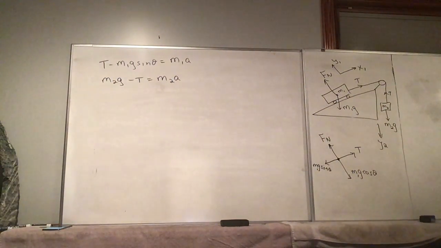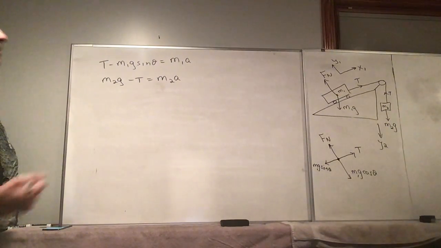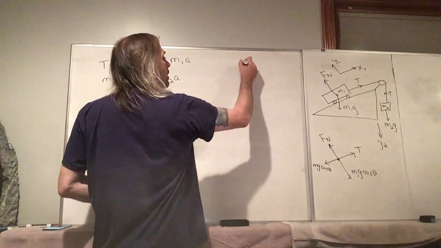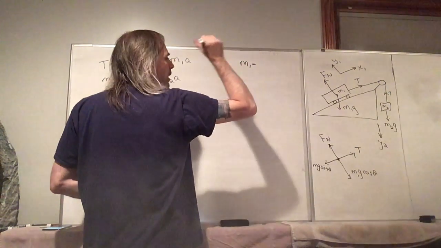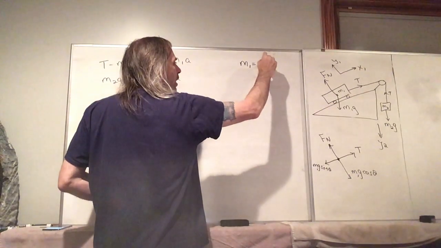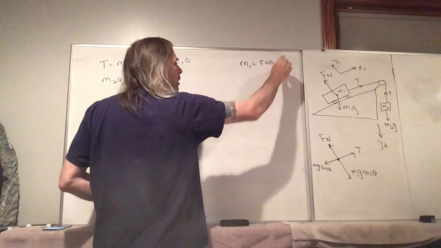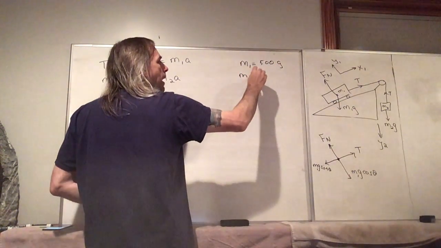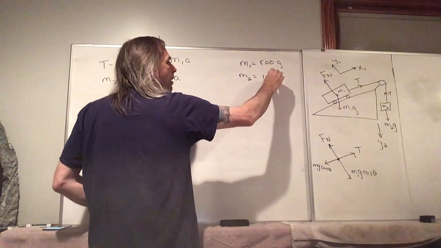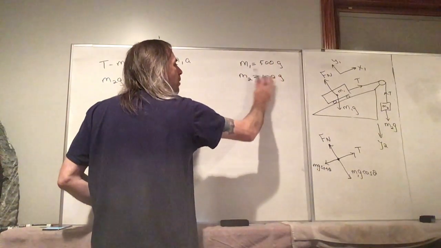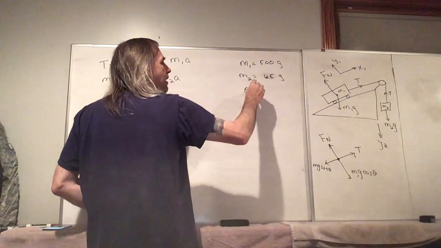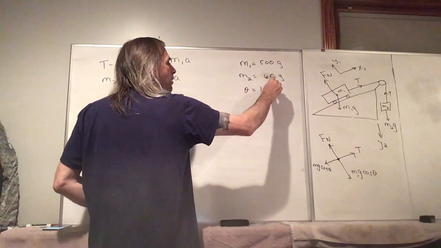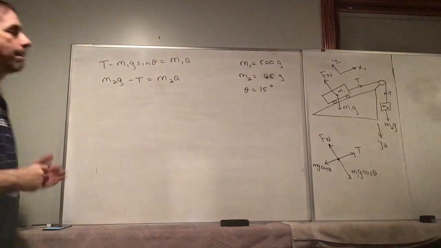But let's continue. Now, this is a system of equations. Let's say we know M1 and M2. So let's say M1 is 500 grams. Let's say M2 is 100 grams. So we get a little smaller. And let's say theta is 15 degrees. So this is what we've got.